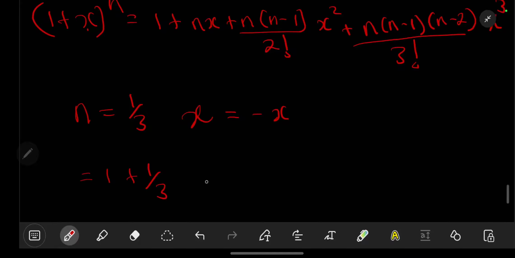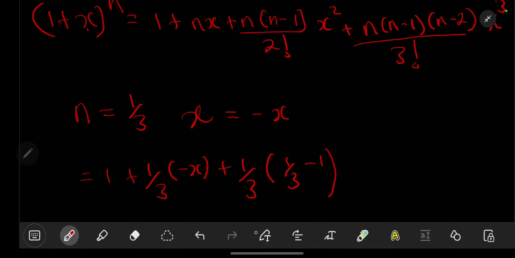Then where there is x, you are going to put negative x. Then you have plus 1 over 3, then where there is another n here, we have 1 over 3.